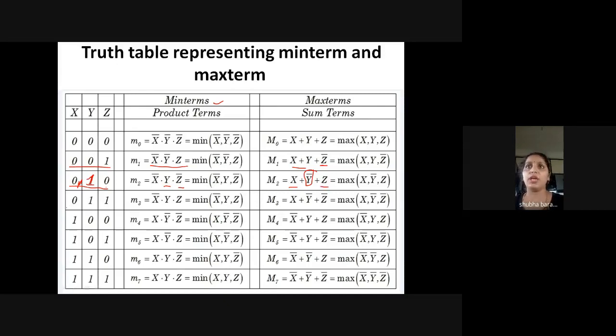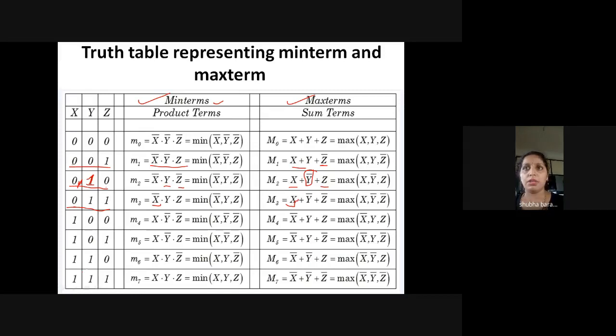Similarly you can analyze 0, 1, 1, where 0 is written in complemented form in SOP, whereas 0 is written in uncomplemented form in POS, the max term.